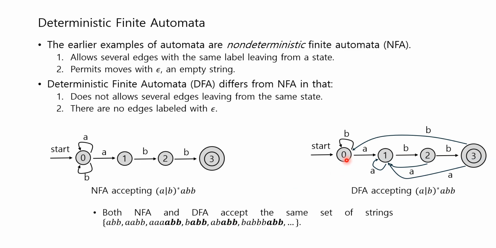We can go A from 0 to 1, and to reach B, we can go to 2, and to reach A again, go to state 1, and B, B. And this route can be done by the NFA as well: A, B, A, B, B. So you can try by yourself other examples, whether these strings can be derived from both automata.